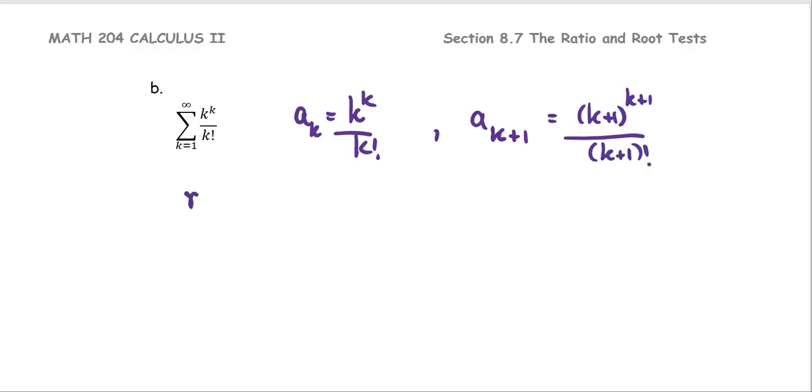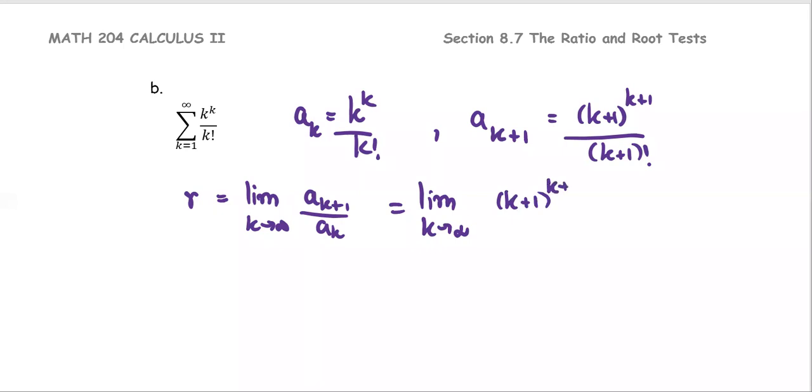Use the ratio test by finding the limit value of a_{k+1} over a_k, or the value R. The a_{k+1} is (k plus 1) to the power k plus 1 divided by (k plus 1) factorial, and multiplied by the reciprocal of a_k, which is k factorial divided by k to the power k.